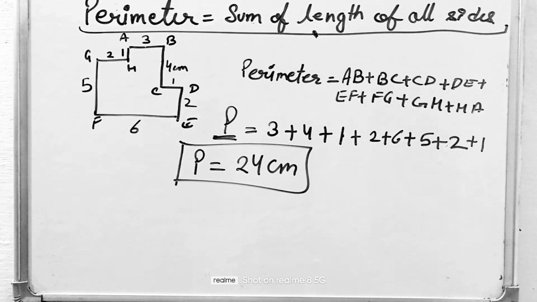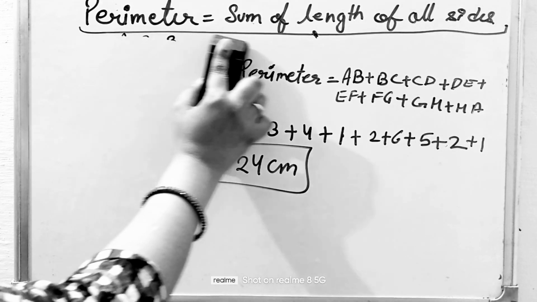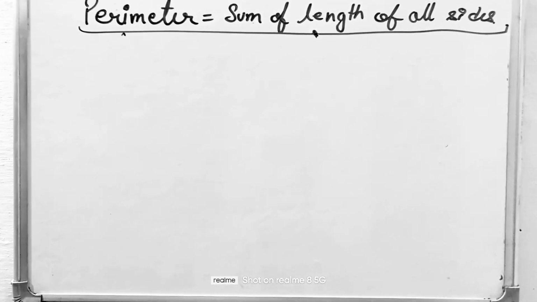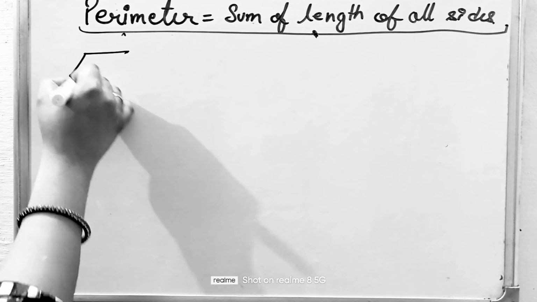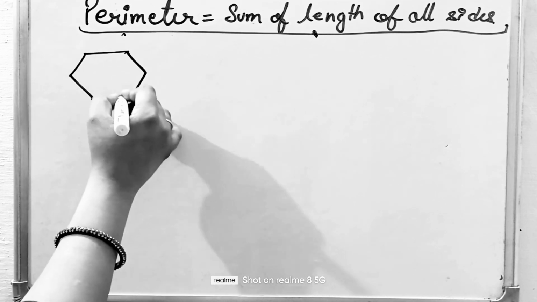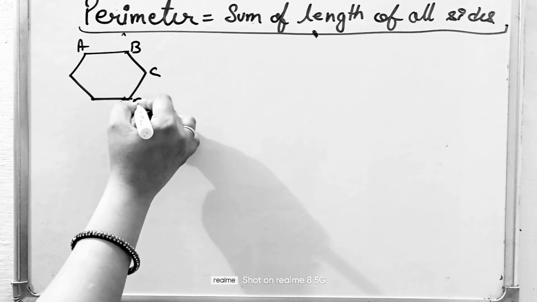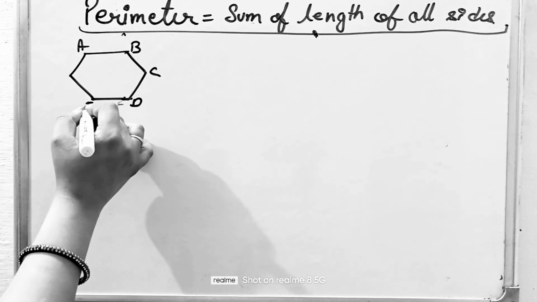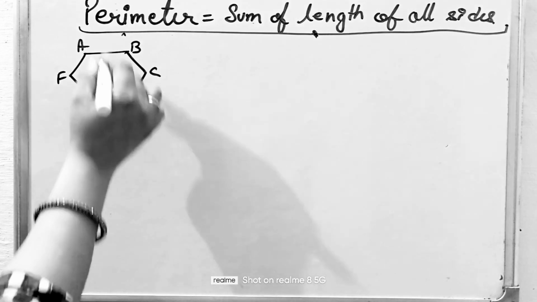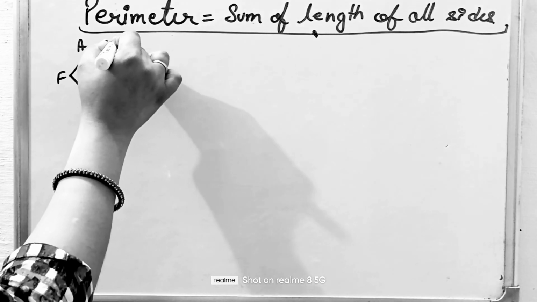Now we'll understand how we can find out the perimeter of a regular closed shape. In regular shapes, any shape could be there. I am taking a pentagon as an example. This is AB, BC, CD, DE and EA, and the side length is 5 centimeter.